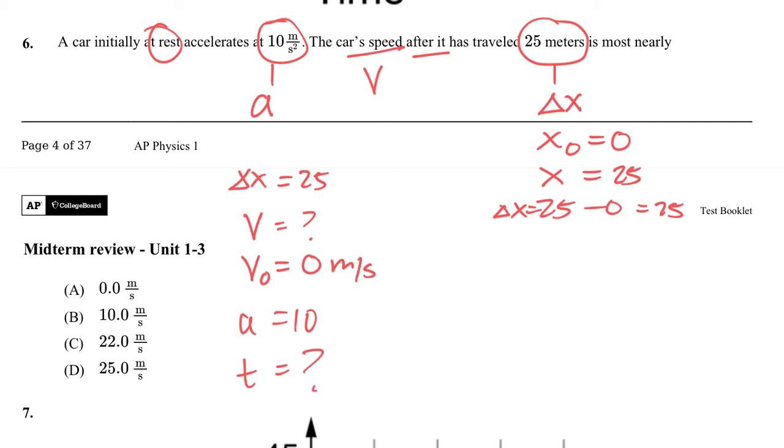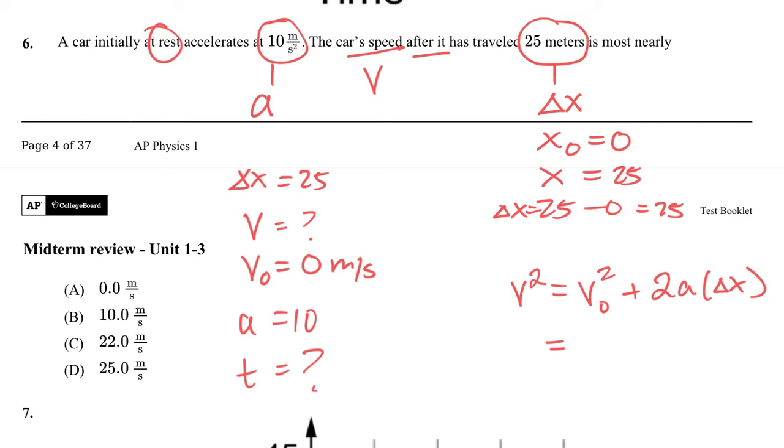So we're not given time, and we're not given final velocity. So that makes this choice really easy. So our immediate equation should be v squared equals v naught squared plus 2 times acceleration times the change in position, because this equation does not have time in it.